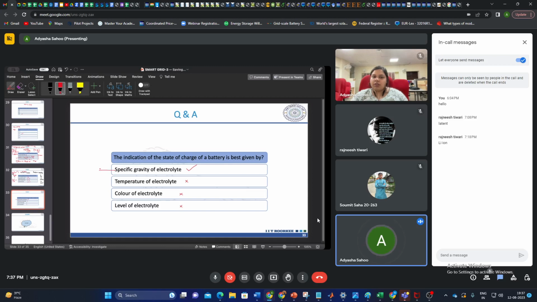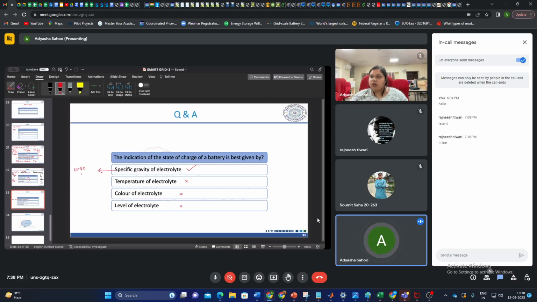So what do we mean by specific gravity? Basically, it will tell the concentration of the chemicals inside the electrolyte.